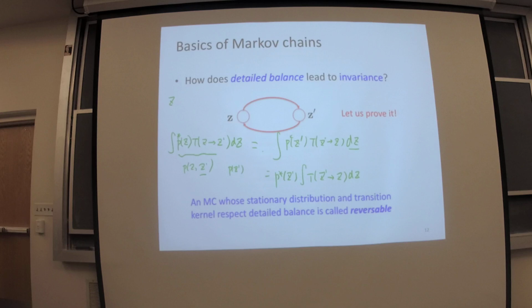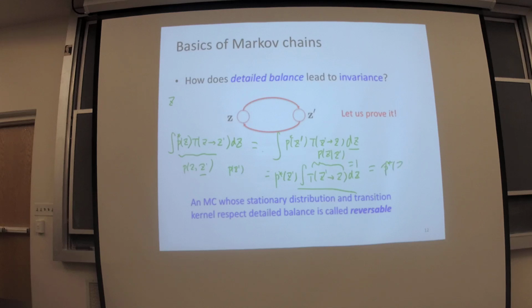The transition kernel is a conditional probability, so this is the conditional probability of z given z prime. If we integrate out the conditional probability, what's the result? Just one.